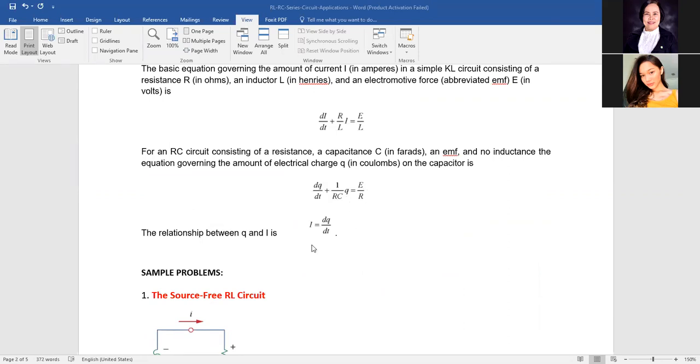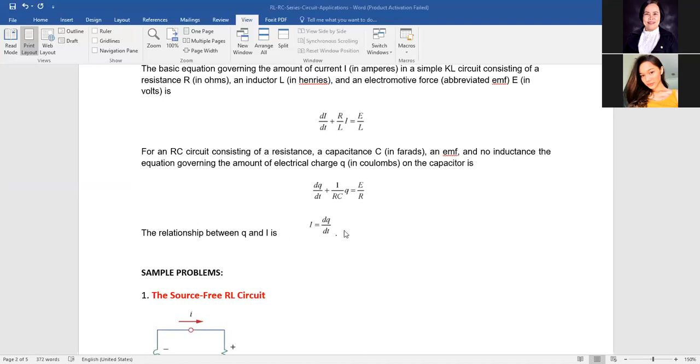We will not derive anymore how this came about from the basic laws in physics, but rather we will concentrate on these two differential equations that we'll be using. It's easy to know which one to use because it's apparent that in the first case, you have a resistor and inductor. In the second case, you have a resistor and capacitor.